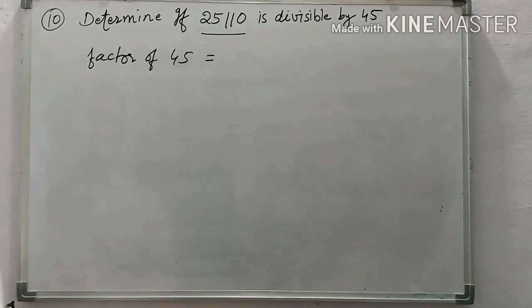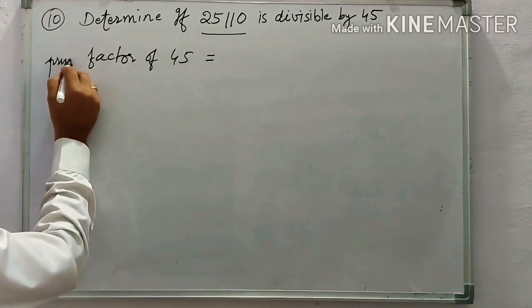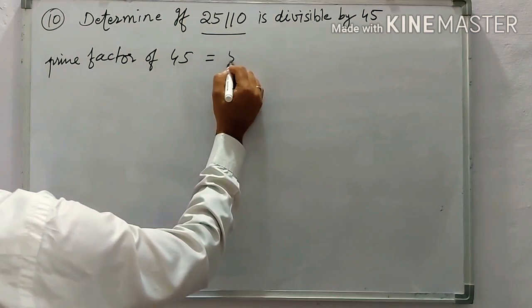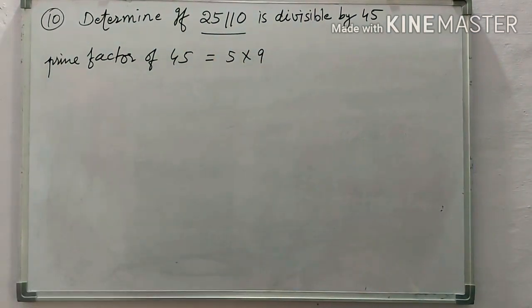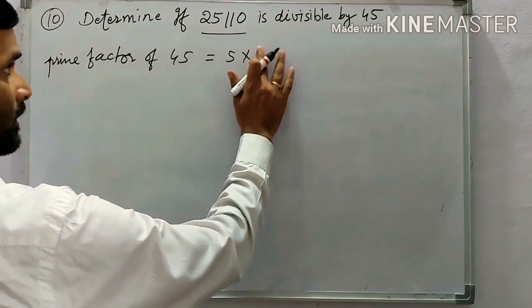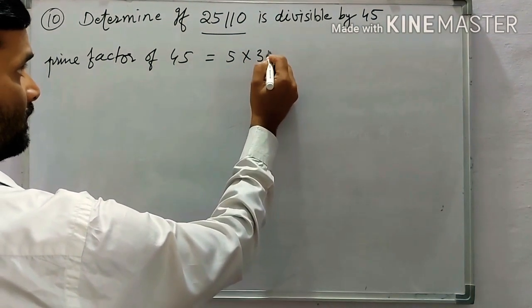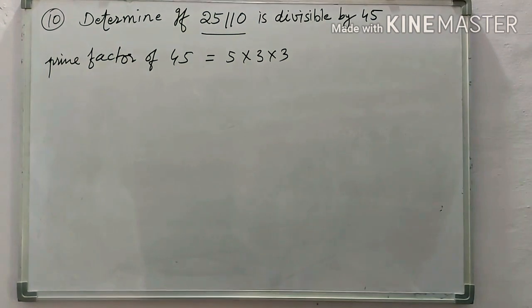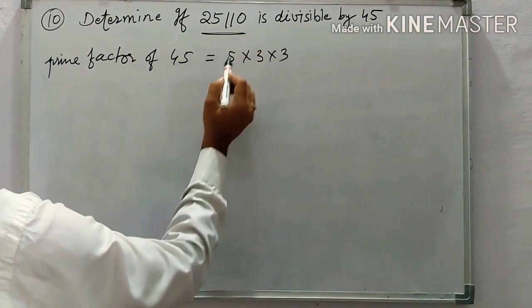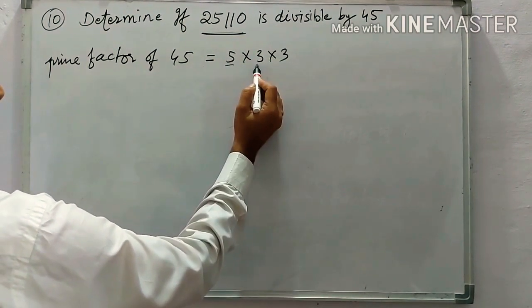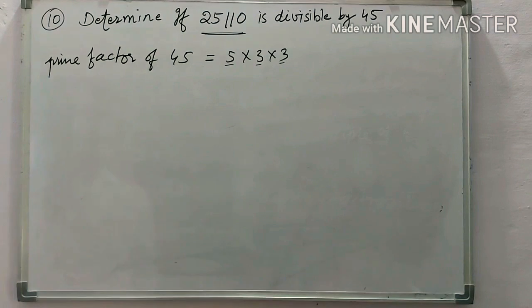The prime factorization of 45 is 5 into 3 into 3. Then the given number 25,110 should be divisible by 5, by 3, and by 3. It means it is divisible by 45.